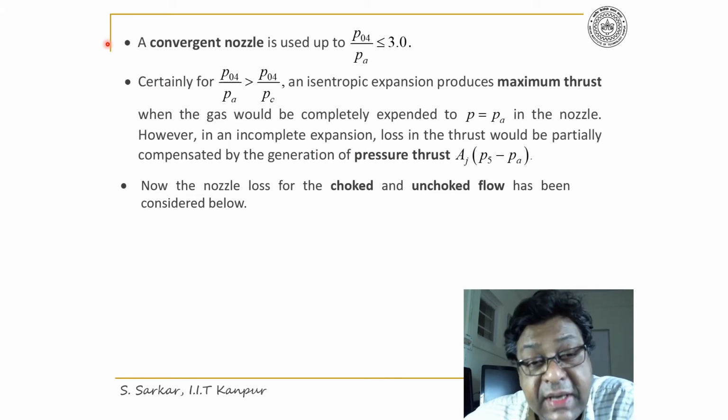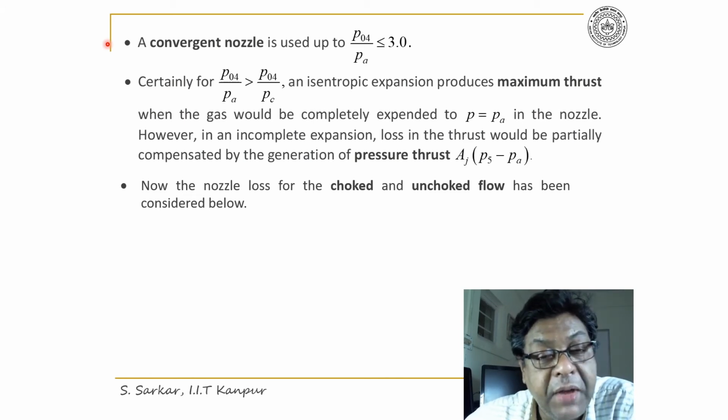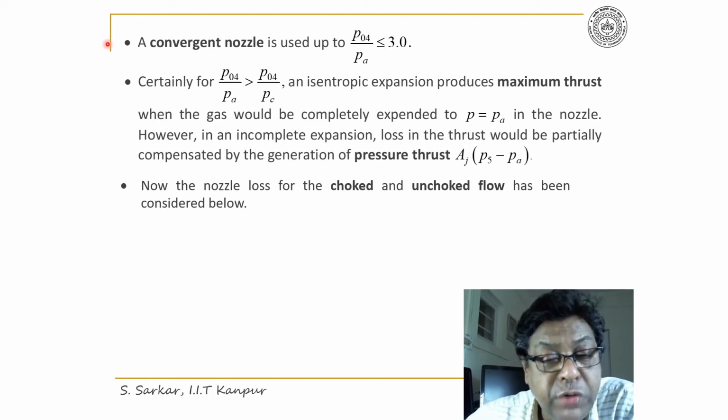Now, for P04 by Pa greater than P04 by Pc, that means when atmospheric pressure is less than the critical pressure, an isentropic expansion produces the maximum thrust when the gas is completely expanded to the atmospheric pressure in the nozzle.